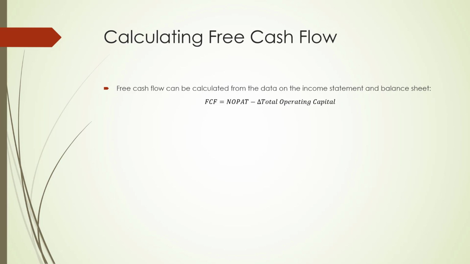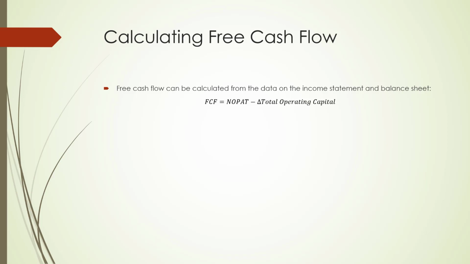So let's talk about calculating free cash flow. Now, the basic formula here looks pretty simple, but I'll warn you in advance that there's going to be a lot of abbreviations of things that you're going to need to memorize. So free cash flow is simply NOPAT, which stands for net operating profit after tax, minus the change in total operating capital.